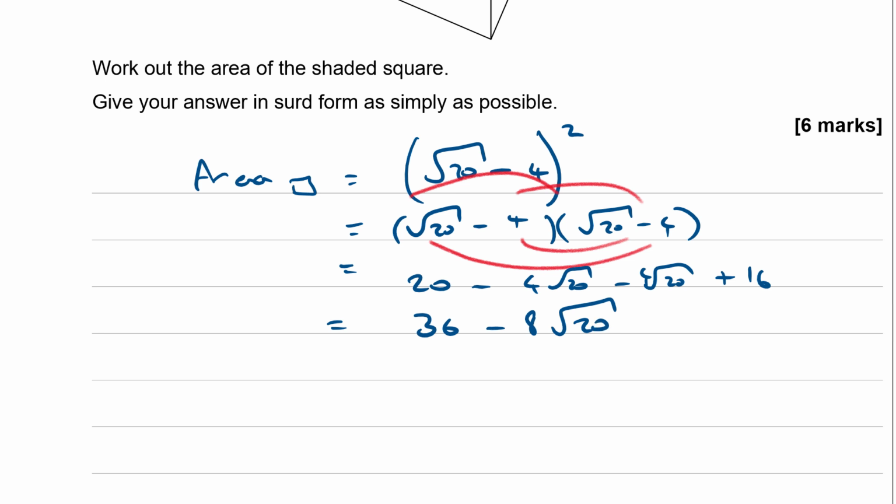Now we need to give our answer in surd form as simply as possible. So can I simplify root 20 any more than it already is?